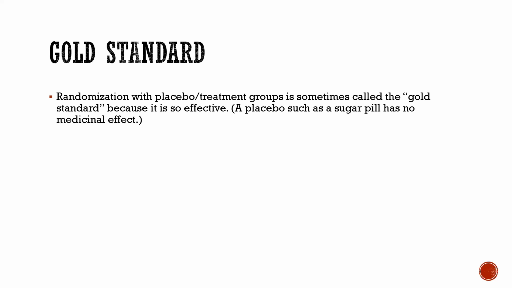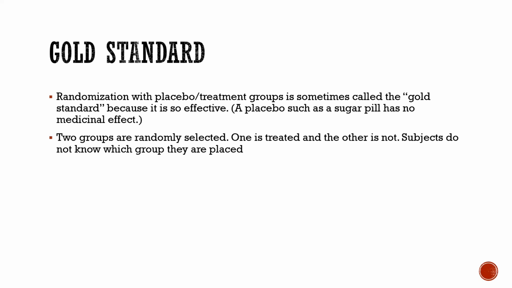So the best design is a group where people don't know whether they're getting the true treatment or a sugar pill, a pill that does nothing. So two groups are randomly selected, one treated, the other not. Subjects do not know which group they are placed in. We'll mention this later: sometimes it's even better for the people who are doing the studying to not know which group it is.